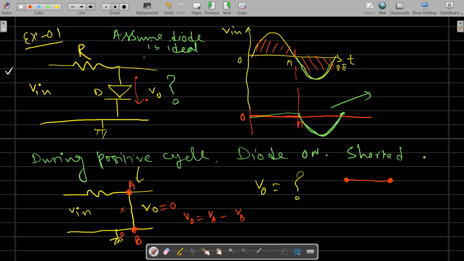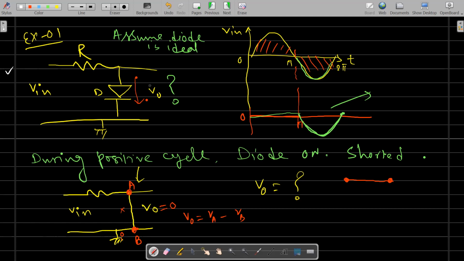An ideal diode means that when the diode is on, it has zero forward resistance and zero cut-in voltage. So the voltage drop across the diode will be zero. But you know that for all practical cases, the diode has some finite resistance and some voltage drop will take place across the diode, which is approximately 0.7 volt for a silicon diode.